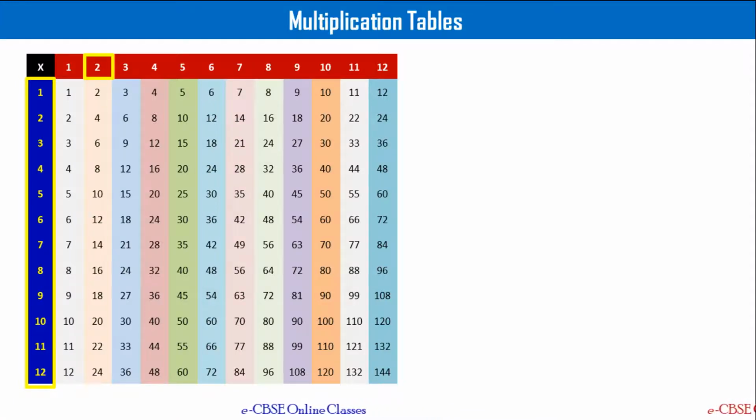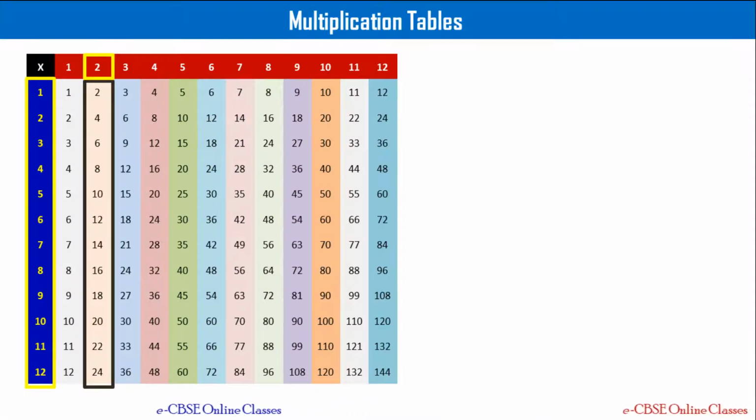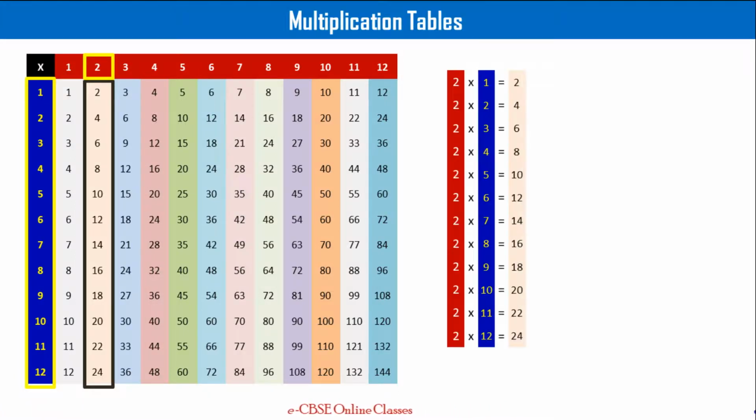And now I'm marking the column corresponding to number 2 in the top row, right? This is a multiplication table for number 2. That is 2 times 1 equal to 2, 2 times 2 equal to 4, 2 times 3 equal to 6 and so on, right?